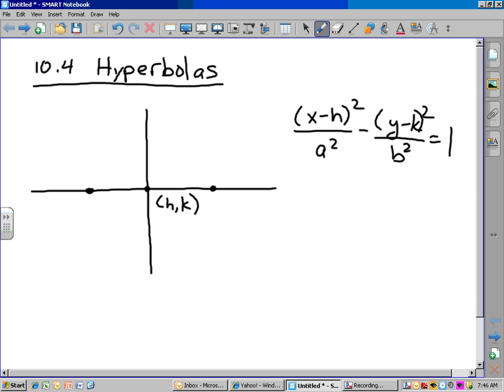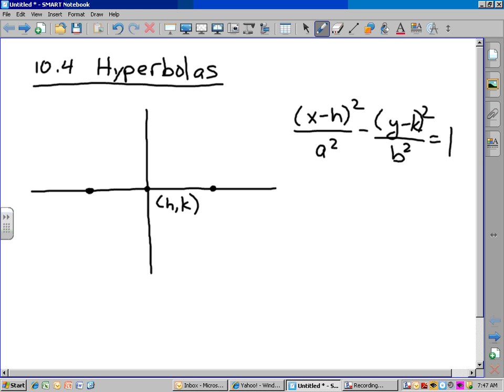I don't know what your question was going to be, but for the ellipse, the larger number was always a. Here, whatever letter comes first is where you're going to draw your graph. So there's one set of vertices. That set of vertices will go on the x, and we'll draw the y also. I'll show you what that looks like.